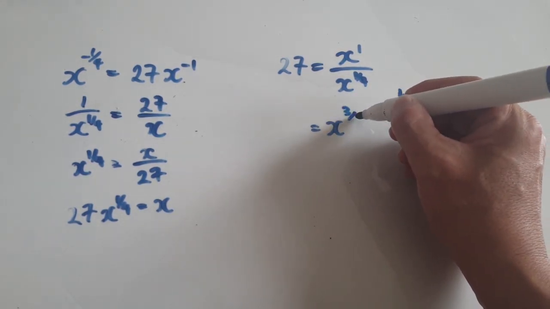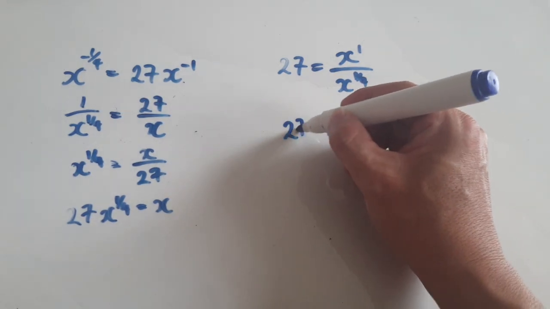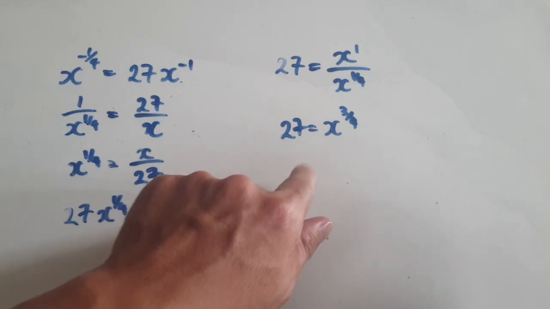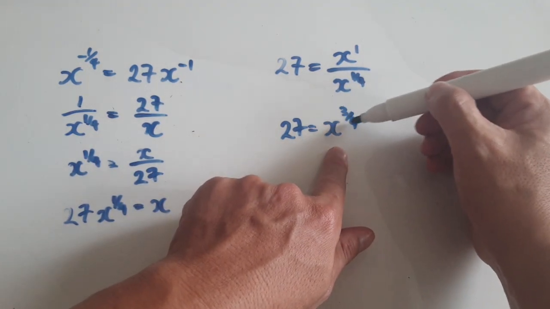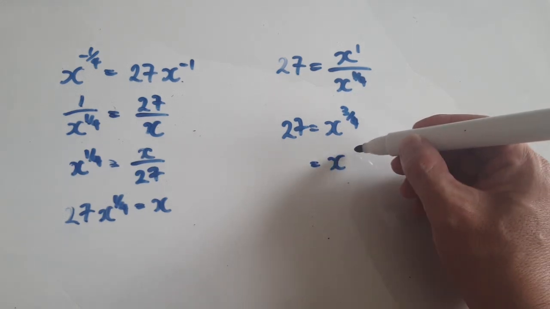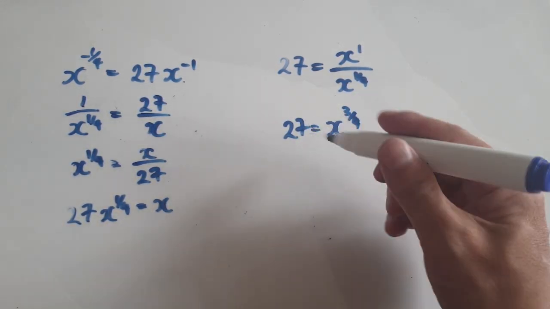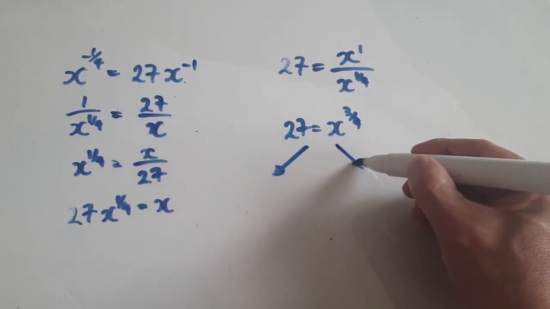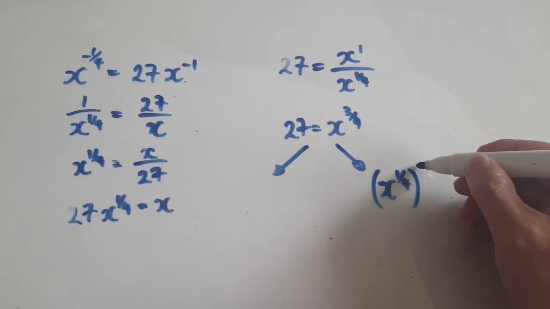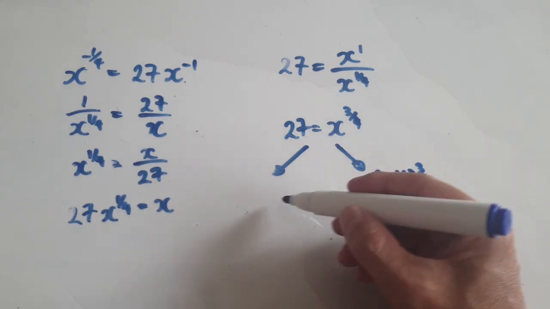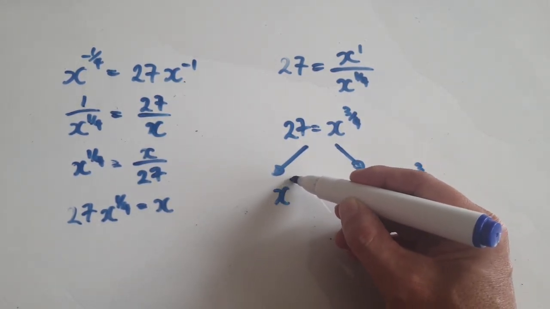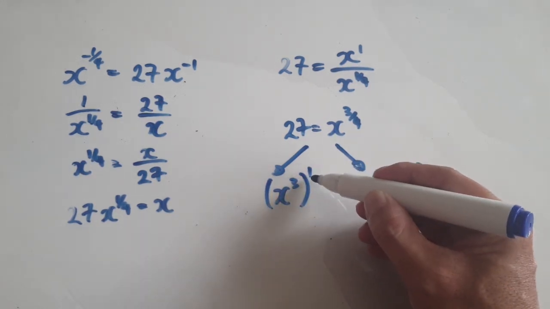3 over 4 equals 27. So now, whenever you see to the power of a complicated fraction, you can break it up as x to the power of a quarter, and then to the power of 3, or you can break it up as x to the power of 3 to the power of a quarter.